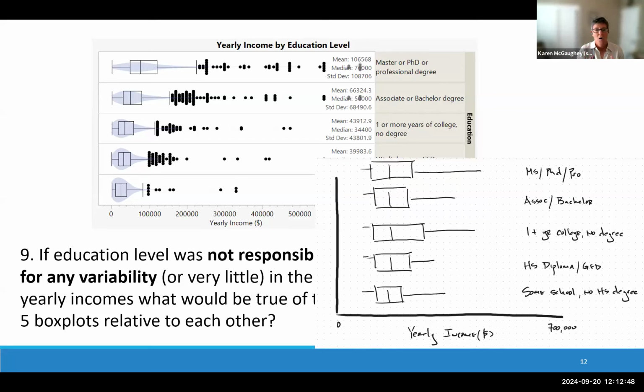And so all the variability that we saw originally in the data is still there. We're still seeing variation inside the education groups. It's just that there's very little difference in the typical yearly salary between or among those 5 education groups.